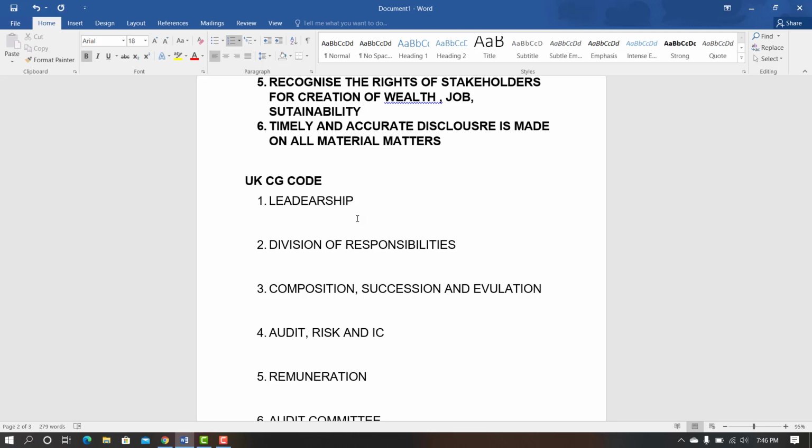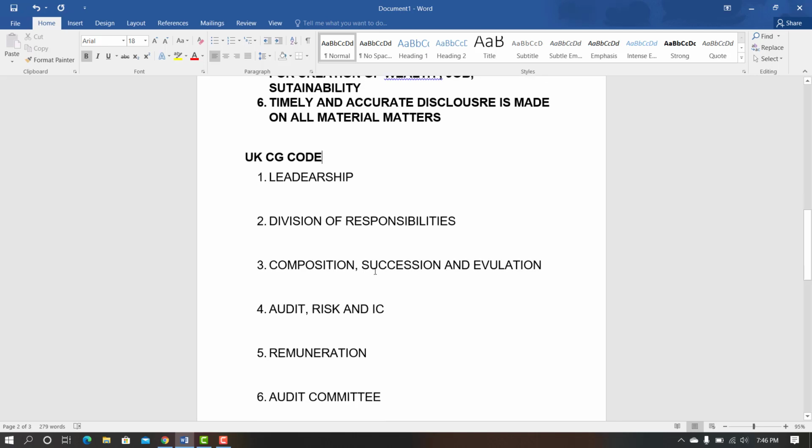The comply or explain approach is the trademark of corporate governance. Under this there are 6 principles, and we are going to discuss them in detail one by one.